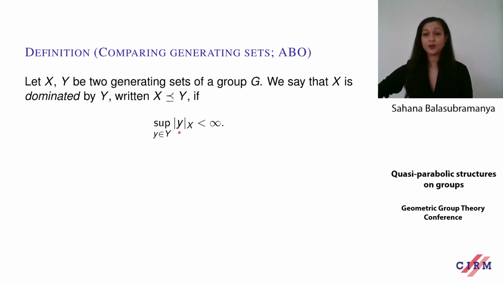You take every element of the generating set Y, and you consider its word length with respect to the other generating set, which is X, and then you take a supremum over all of these word lengths. As long as that's finite, I'm going to say that X is dominated by Y. And this dominance relation is a pre-order relation.